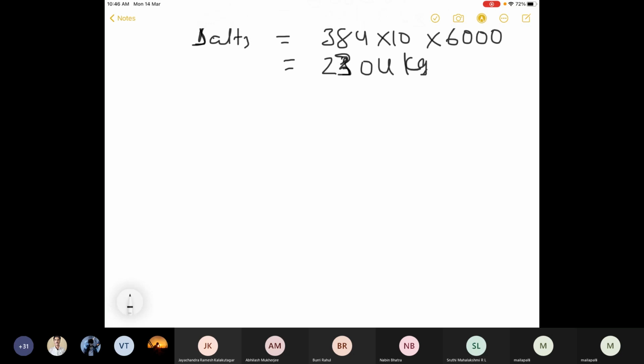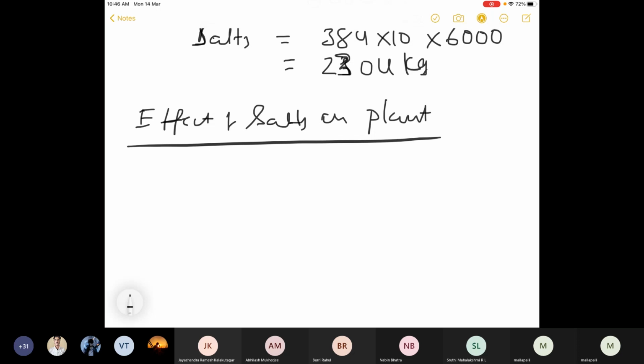So we call it the effect of salts on plant. Whatever salts you applied should be removed first of all, right? If you do not remove it, how is that going to influence the plant growth?